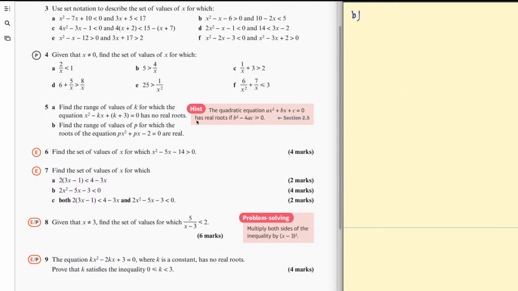Part B says they give us a quadratic px squared plus px take 2 equal to 0. Now we want the range of values for p for which the equation has real roots. So this is the situation where the discriminant is greater than 0.